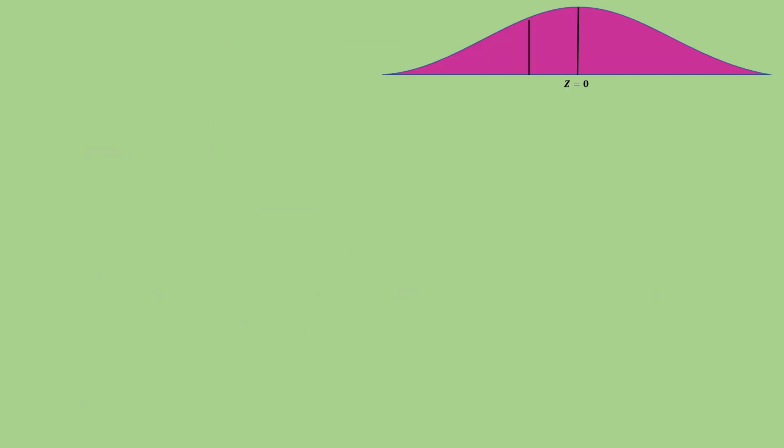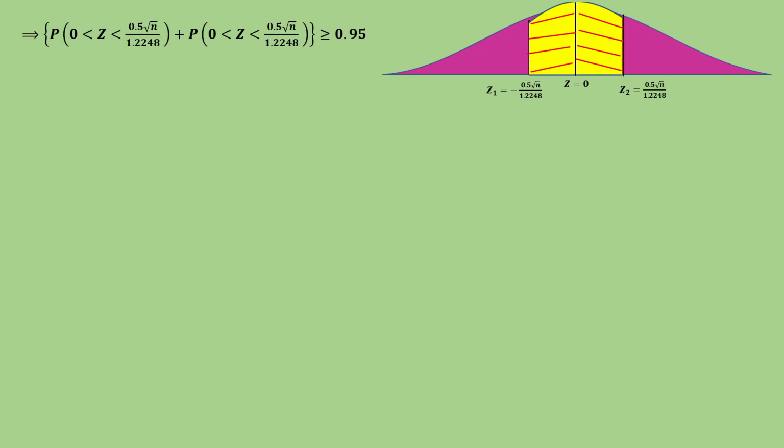This is z1, the negative value minus 0.5 root 10 by 1.2248, and this is the positive value 0.5 root 10 by 1.2248. The yellow shaded area is the required area. This area is equal to this area, because the normal curve is symmetric, so we are using that property.